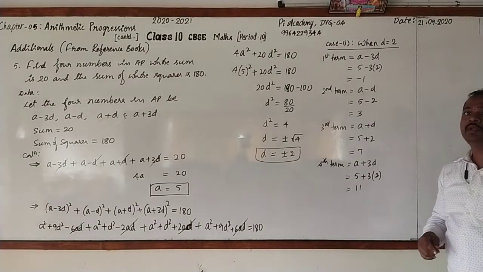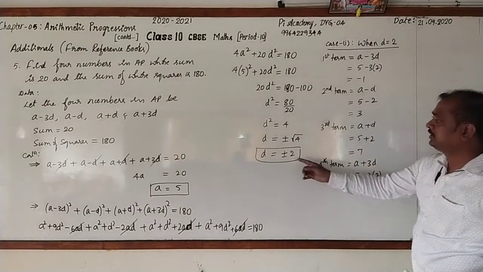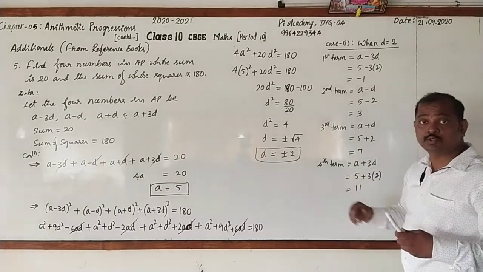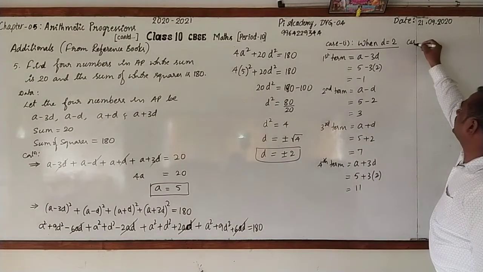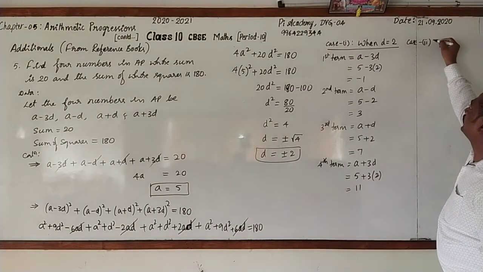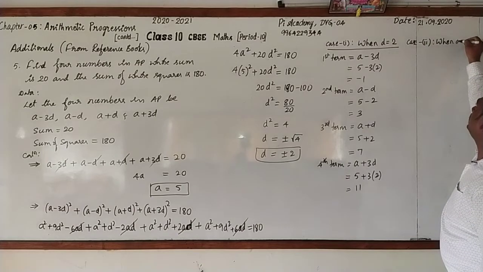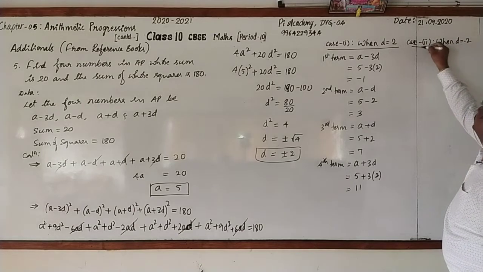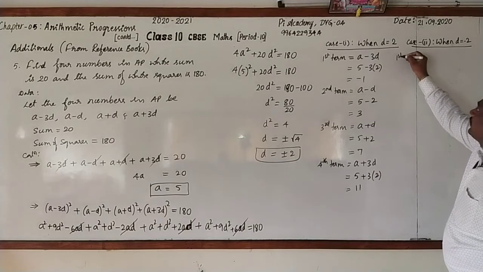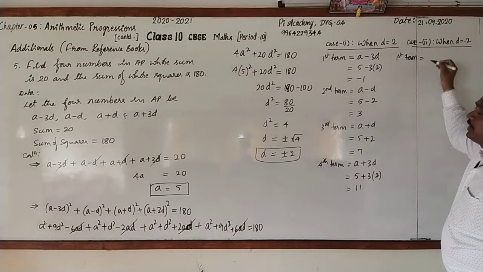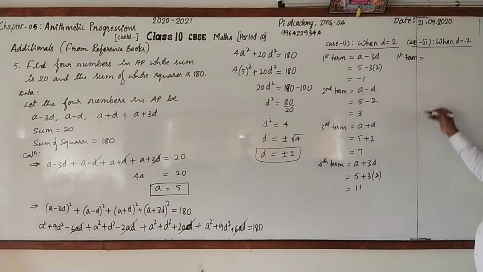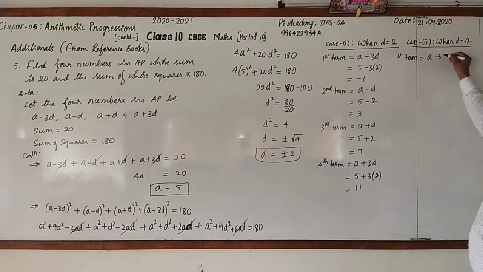I told you we have one more case because D is minus 2 also. Alright, case 2, that is when D is equal to minus 2. Again, how do you write the first term or first number? It is A minus 3D only.